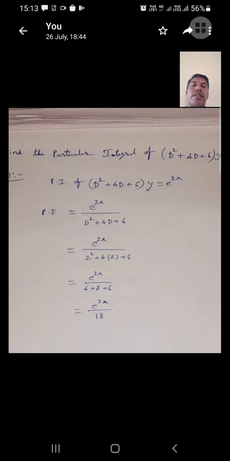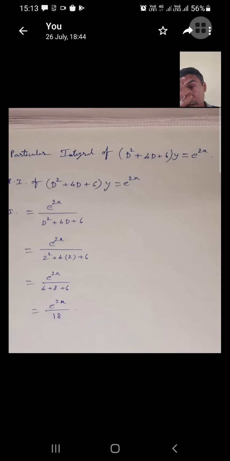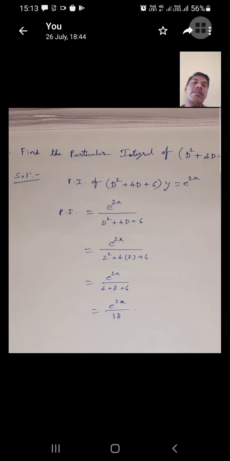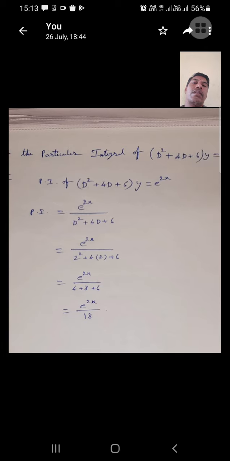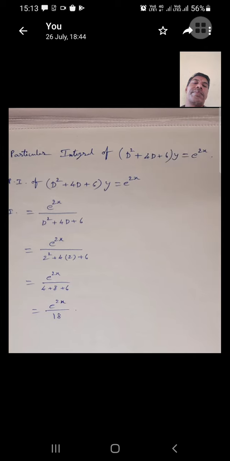See, in the previous question we discussed sin ax. Now we are discussing e power ax. Find the particular integral of D square plus 4D plus 6 of y equals e power 2x.